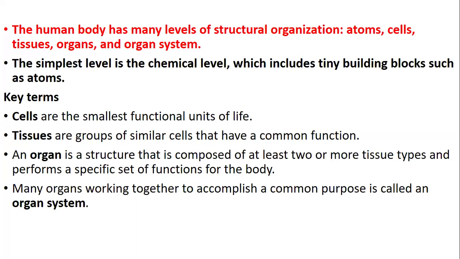So now I think you should be putting all this together and seeing where we are going. We are at the organ level, and now we start talking about function. Tissues are cells that come together and perform a similar function. Then an organ is a structure composed of at least two or more tissue types that performs a specific set of functions for the body.